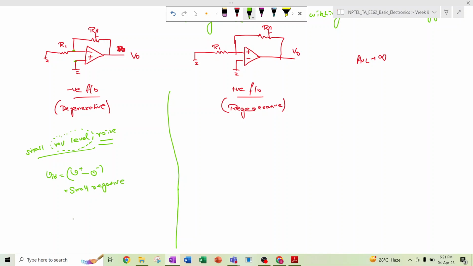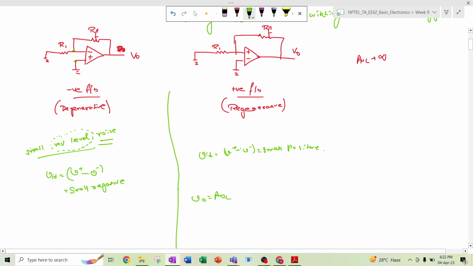And here VID equal to V plus minus V minus, suppose it is a small positive quantity. Okay, so now whatever we get in the output, that is AOL, the open loop gain, into VID of the op amp.